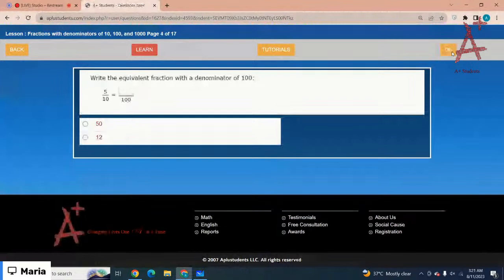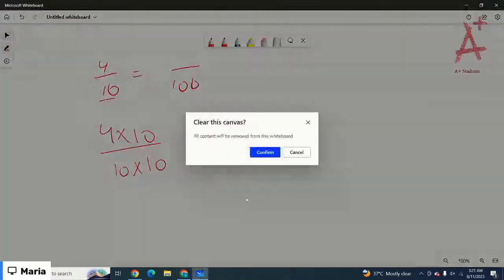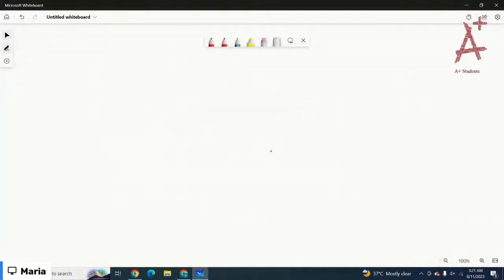Okay, the next one is write the equivalent fraction with a denominator of 100. So you have to write down the equivalent fraction, right? So it is 5 over 10 equals the missing number over 100, right? So how do you write?